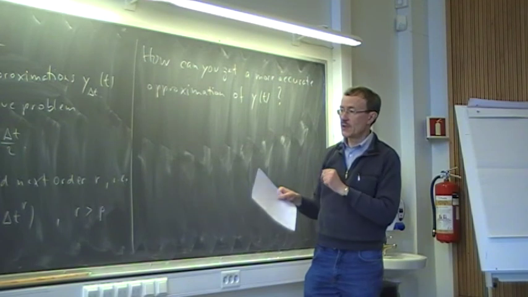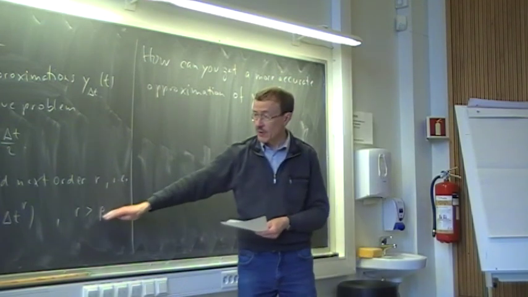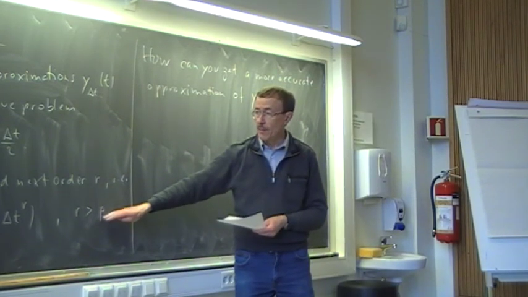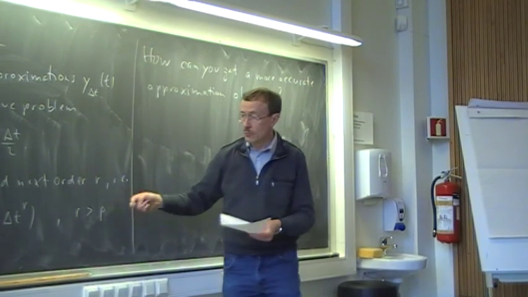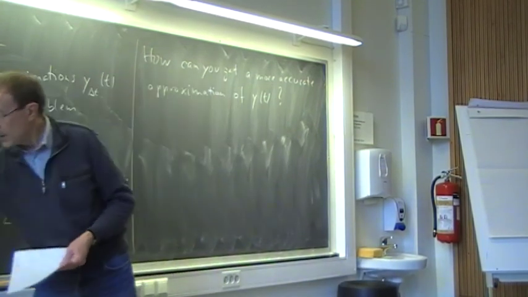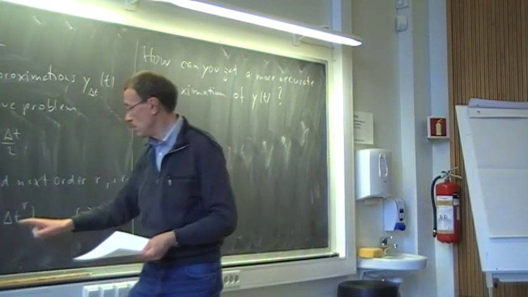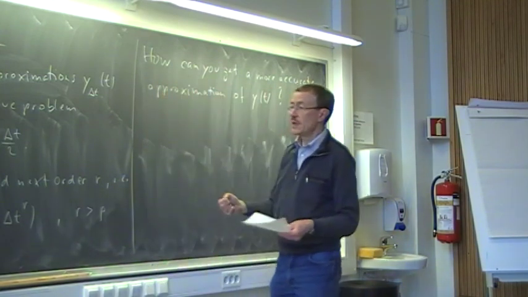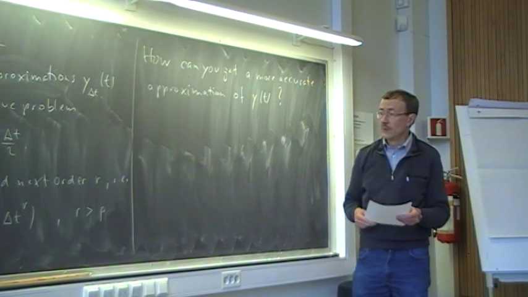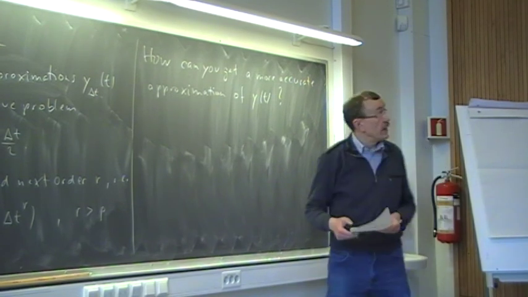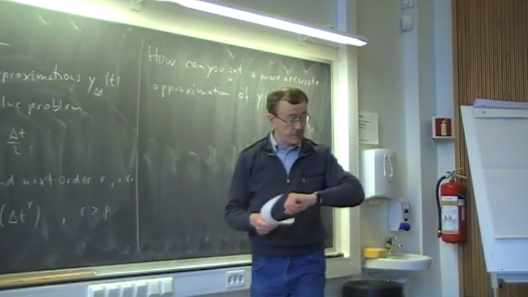And then the question is the same. You have also then given something similar, that the error can be expressed in a similar form as this, but not with delta t but with delta x. The question is then, how can you get a more accurate solution? So that we'll then look at after the break. So 15 minutes.